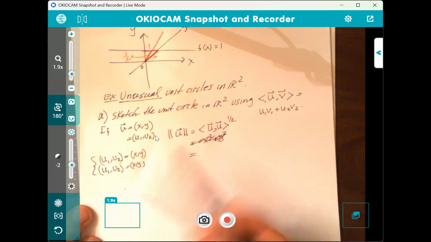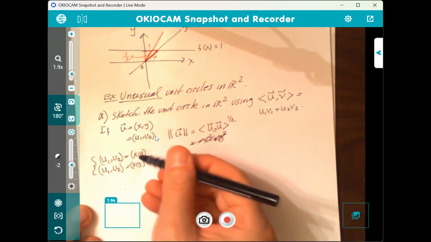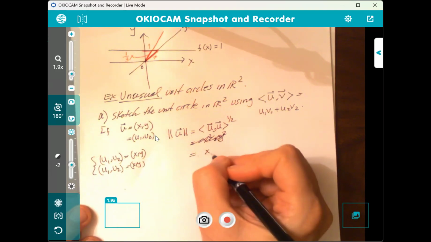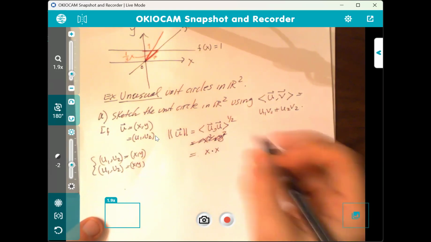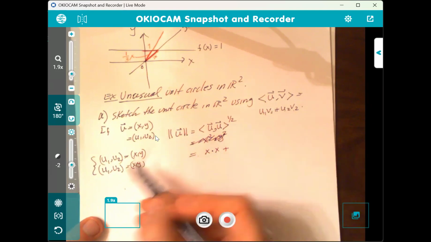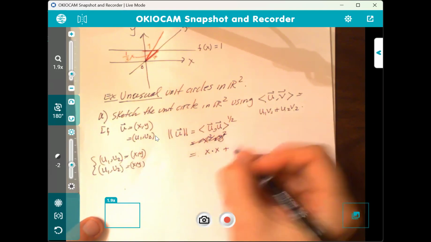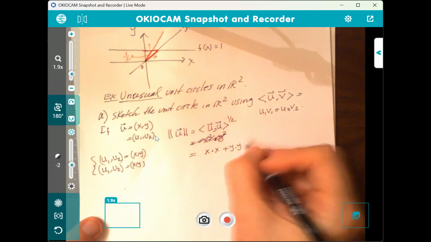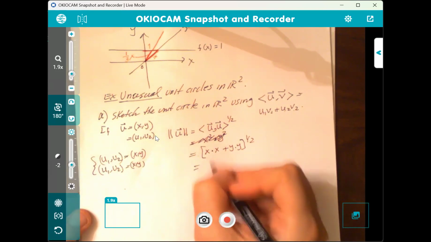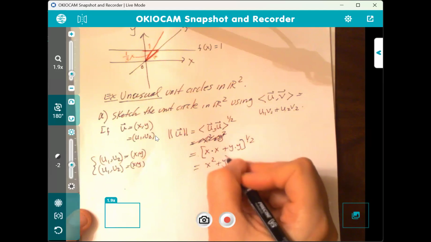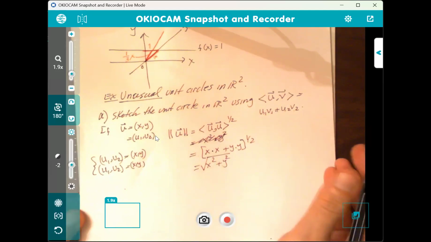We multiply the first components, so it's going to be x times x, plus, you multiply the second components, y times y, and then to a half. Well, x times x is x squared, y times y is y squared. That would be a square root, wouldn't it?